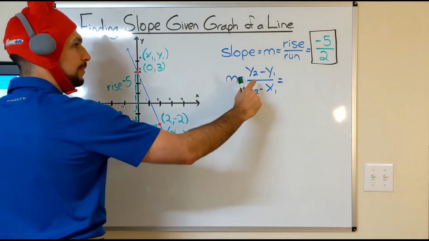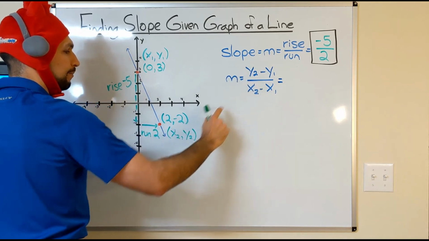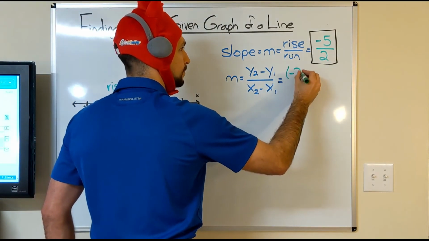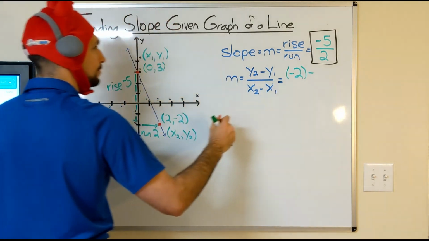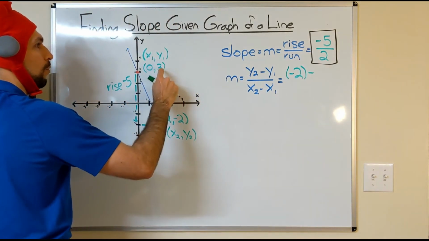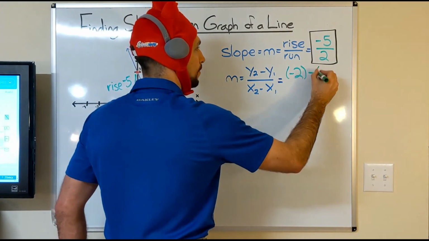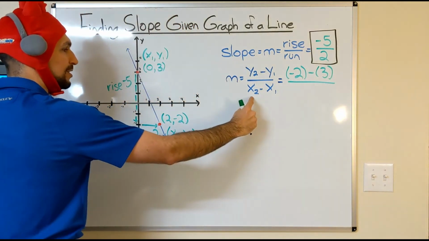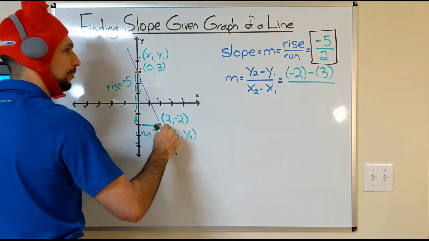Let's substitute. First, we need our second y. Our second y is negative 2, minus our first y. y1 is 3. Our second x is 2.